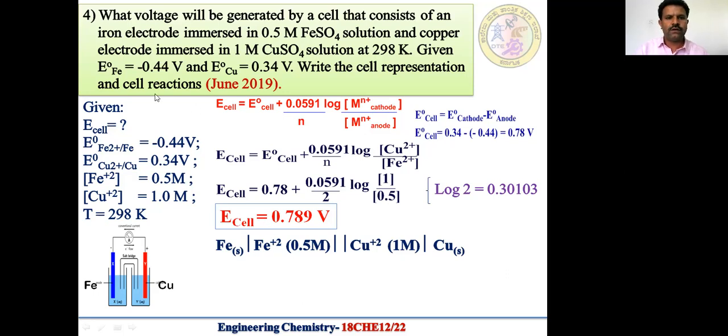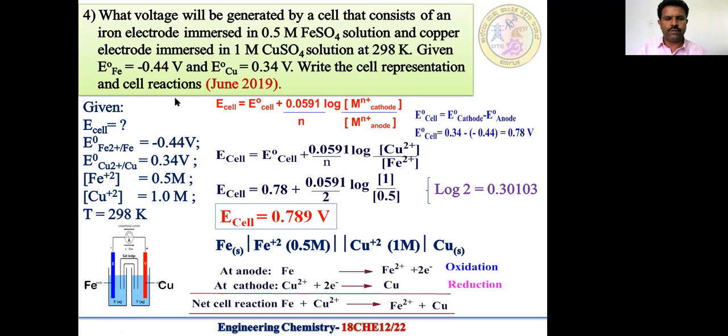Lastly, cell reactions. As we know, at the anode oxidation occurs and at the cathode reduction occurs. Here iron is the anode, which undergoes oxidation and releases 2 electrons, and at the cathode Cu2+ ions present in the solution gain those electrons and become neutral copper.